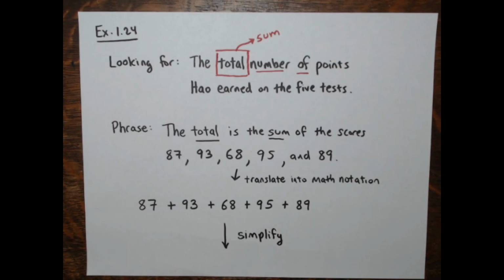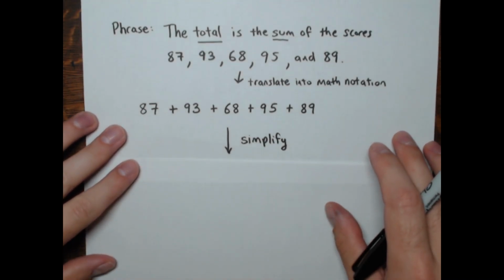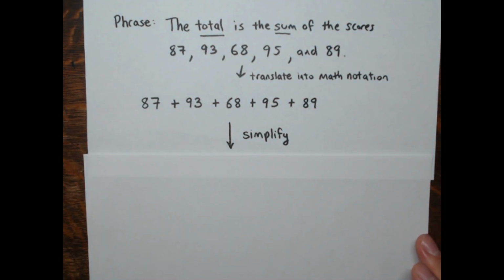Now, from earlier in the section, you saw this sum has 5 different addends, right? 5 numbers being added together. Now you could stack all 5 of them, lining up the correct digits in the correct place values.